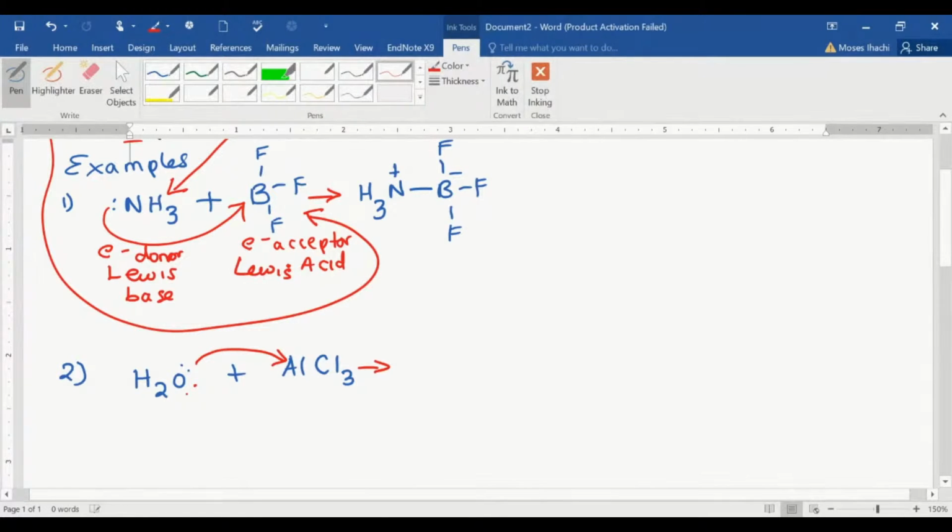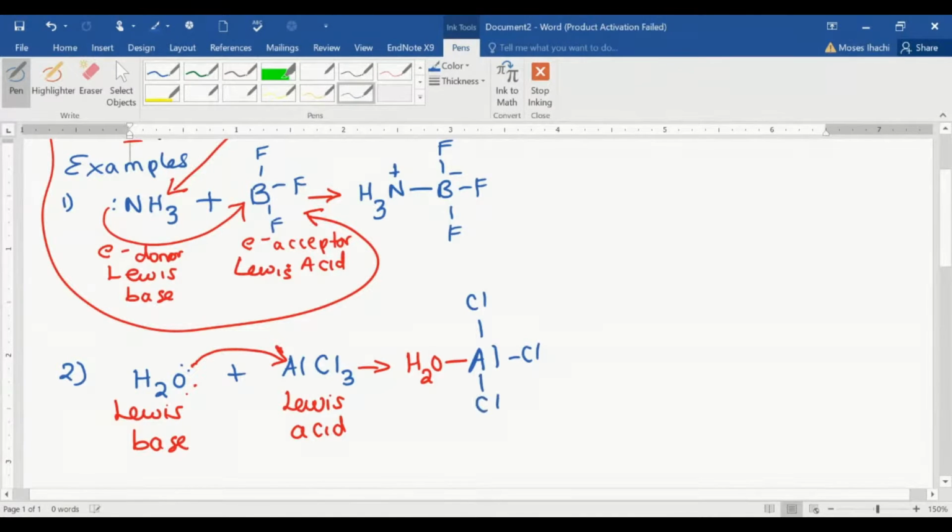Nothing leaves. So these 2 electrons are given to the aluminum. So this is your Lewis acid, and the water will be your Lewis base. The double-ended arrow that I keep using just shows movement of 2 electrons. So in other words, your H2O is now bound to the aluminum. So oxygen will bear a plus charge. If you do the formal charge calculations, Al will bear a negative formal charge.